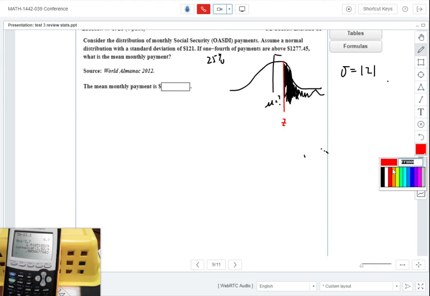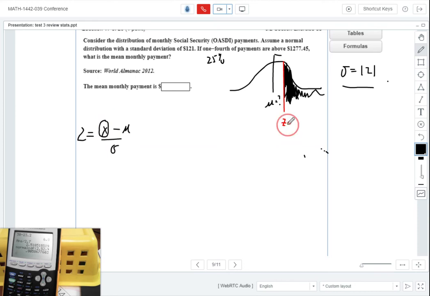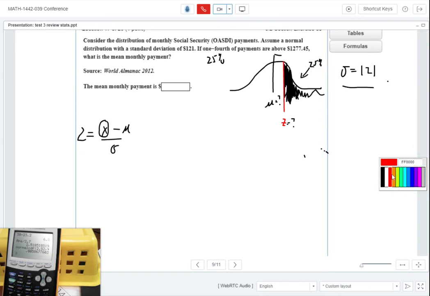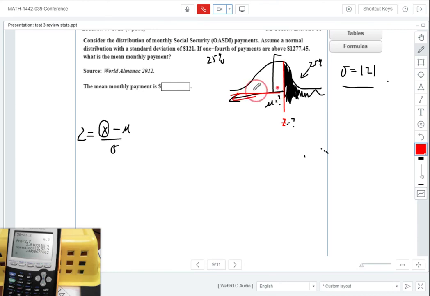Well, here's our formula for Z values: X minus the average, the mean, divided by the standard deviation. We have the standard deviation. We don't have the mean. We're looking for the mean. So we need to find this Z value first. And we know this is 25%, so we also know that the area to the left of the Z value is 75%.